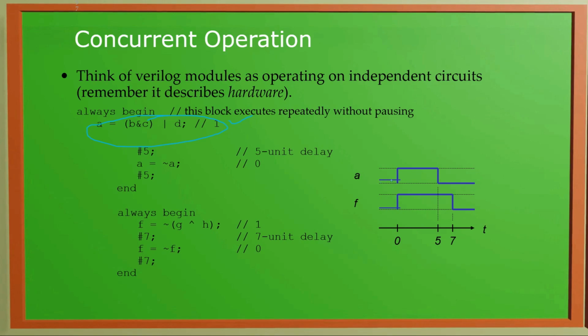Suppose A is 0 at the initial level, and then we define there is 5 units of delay. Then from 0 to 5, this A line will give delay. Simultaneously, if there is some other operation going on for F, and we define a delay of 7, then from 0 to 7, this F will give delay.